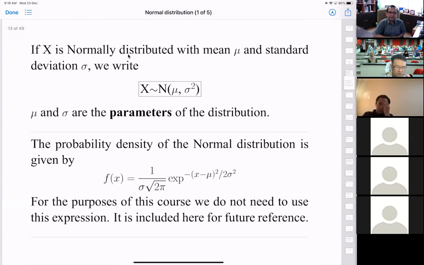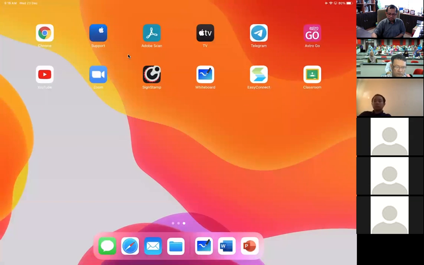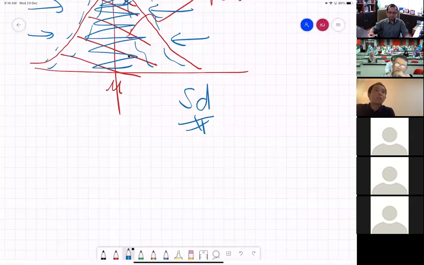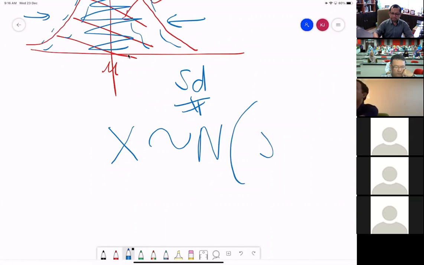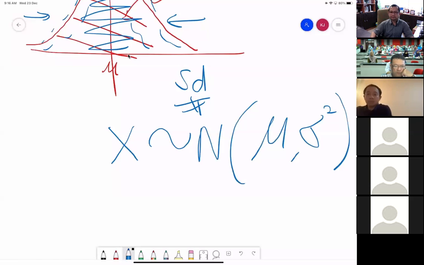So this is how we write it in a mathematical way. When we want to say X is normally distributed, we write X is normally distributed with mean and standard deviation squared.